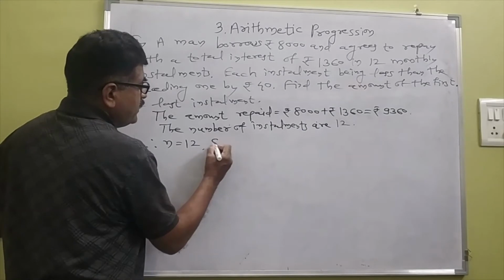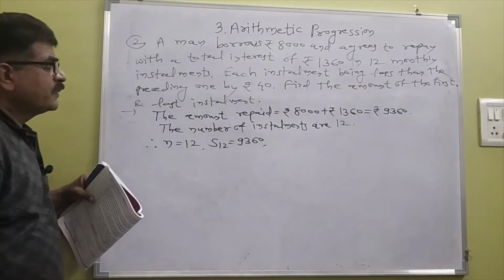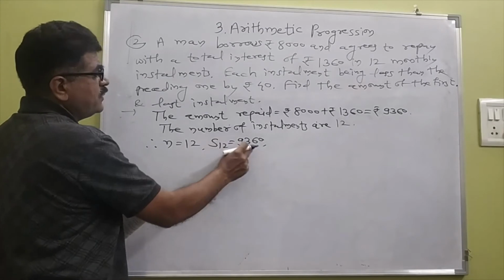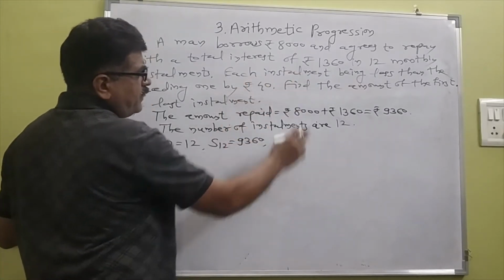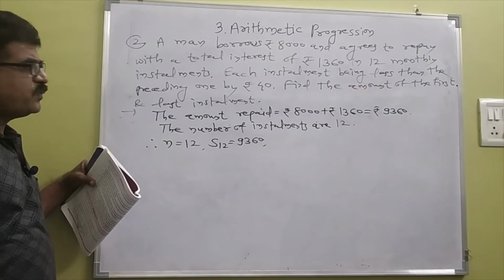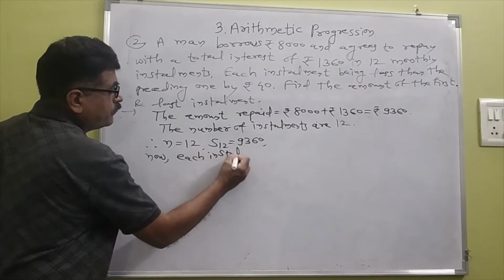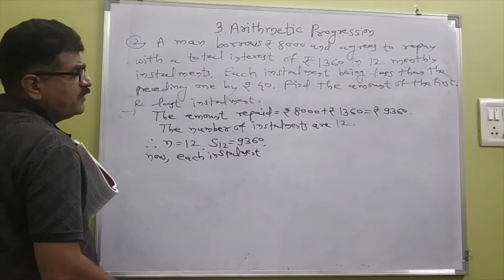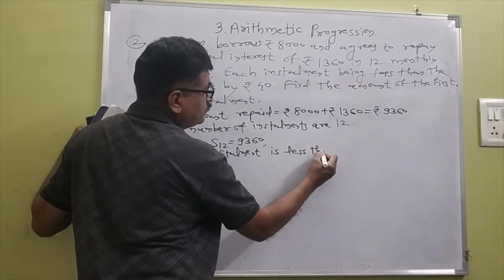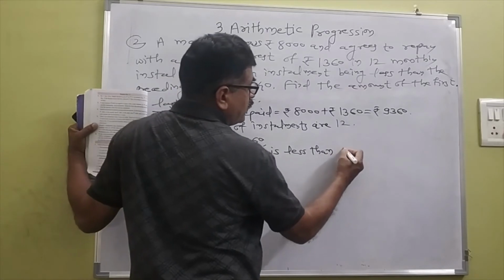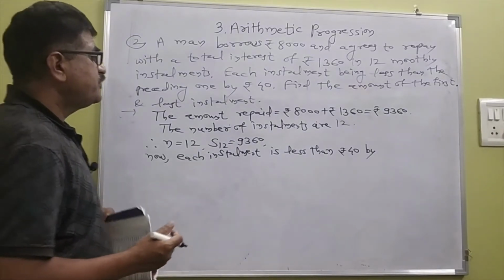Therefore S12 is equal to 9,360. Now, each installment is less than the preceding one by rupees 40.